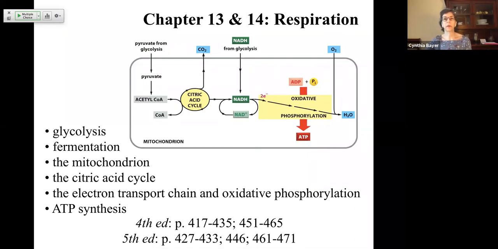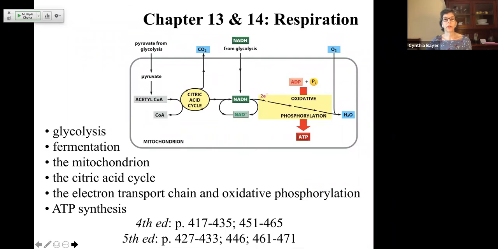We'll start looking at those on Wednesday and continue that on Friday. So for today, we're going to start by looking at glycolysis, this ancient process that is present in all cells, because all of these steps occur in the cytoplasm.